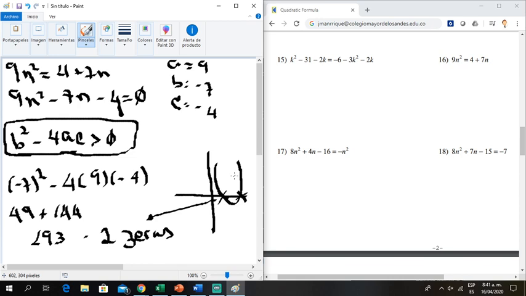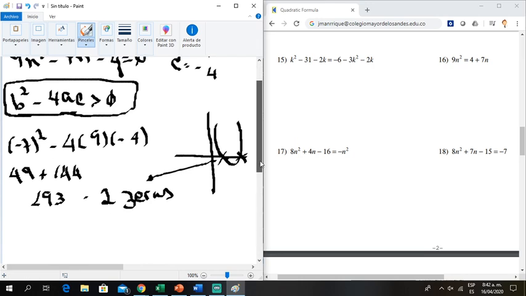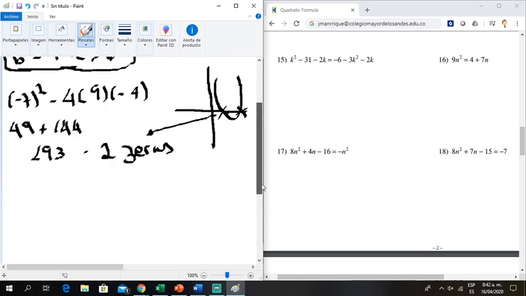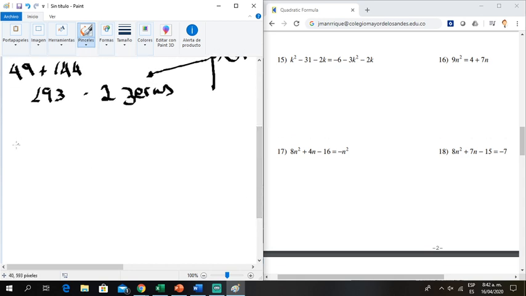No more. Remember that in this case, look at that, we have 193. It's easy. Why? Because you only have to replace again. In this case, it's minus b, that is minus 7, plus or minus the square root of this number.